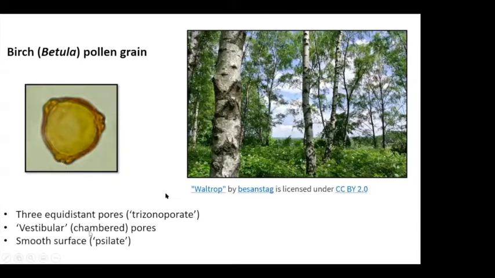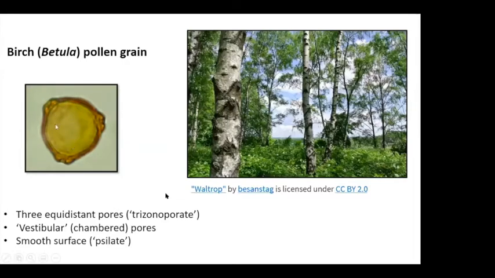And for this particular pollen grain, they take on what's called a vestibulate or chambered appearance, where the pollen grain wall is separated into 2 layers, and these diverge, they separate at the pore, and they form a little chamber in this area that's quite recognisable under the microscope. You see the surface is quite smooth in this case.